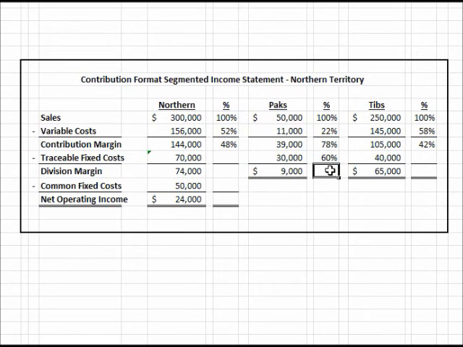It's 60%. That gives us, for that particular one, a division margin percentage of 18%. And then for the other product, we have 26%. So, just fill it in.